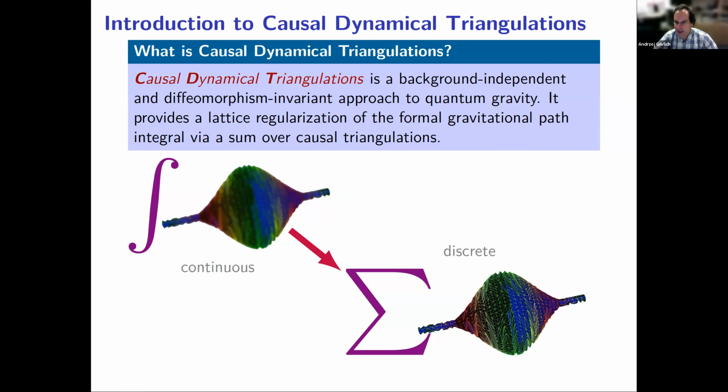It is based on well-grounded ideas of quantum field theory, namely path integral formalism, lattice regularization, and Monte Carlo simulations. We will use Monte Carlo simulations to compute expectation values of some observables defined on those discrete triangulations, which aim to approximate continuous geometries.